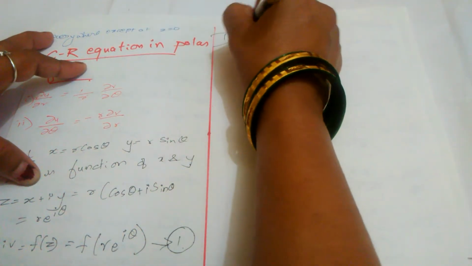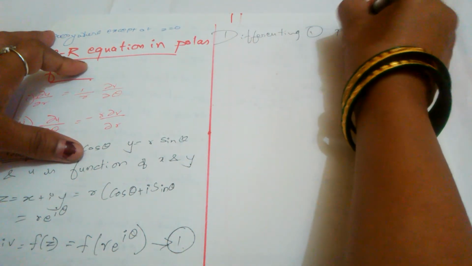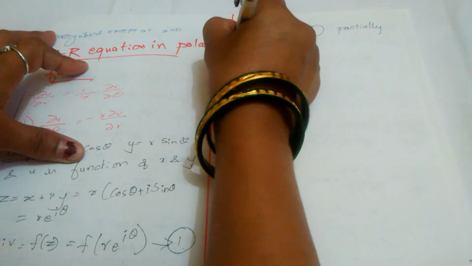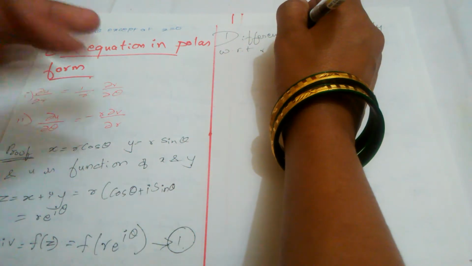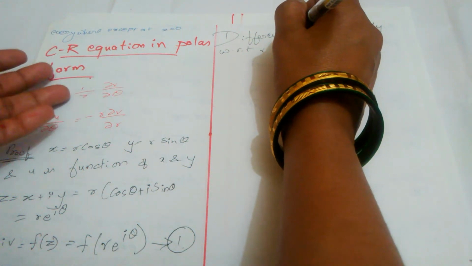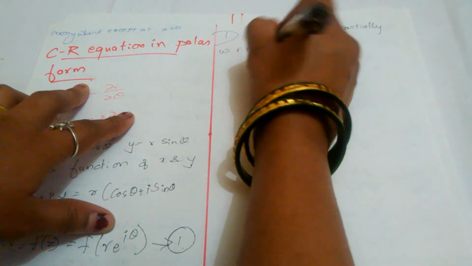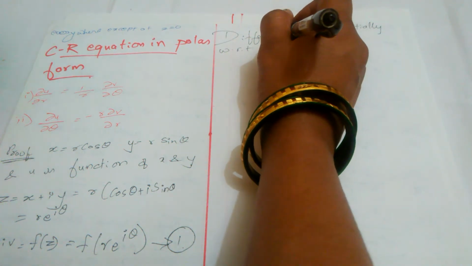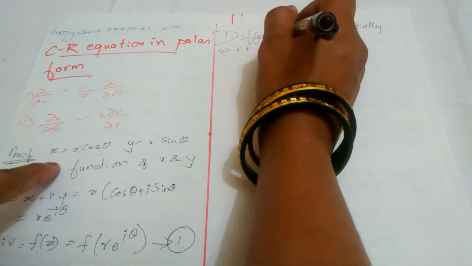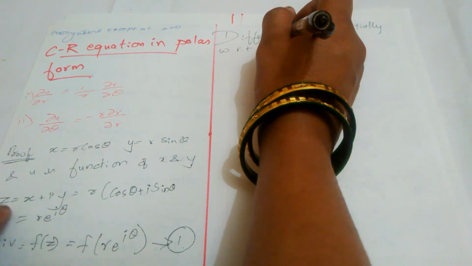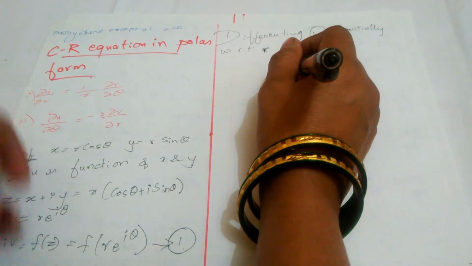Now differentiating equation number 1 partially with respect to r, and then with respect to theta, and then we substitute these values and see what we get. It's just a simple differentiation, and you'll get good marks for this question. We have substituted the values of x, y and z in polar representation.